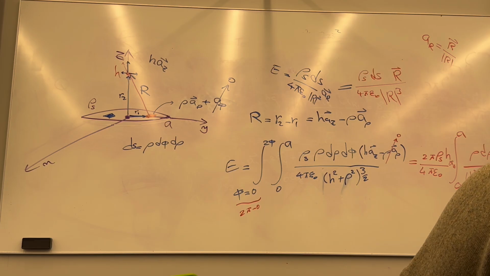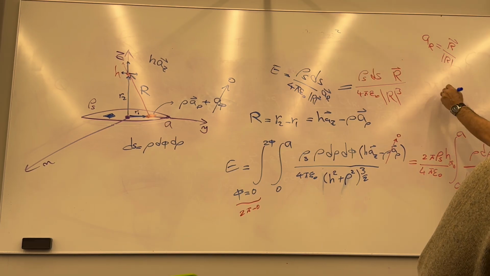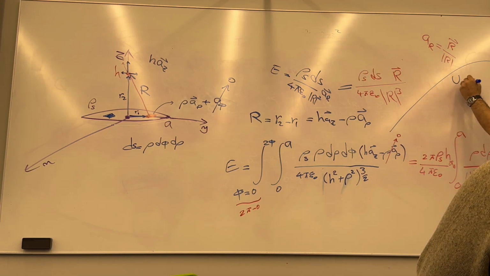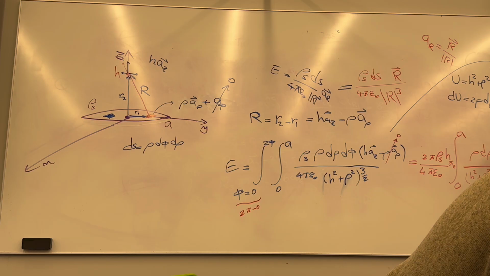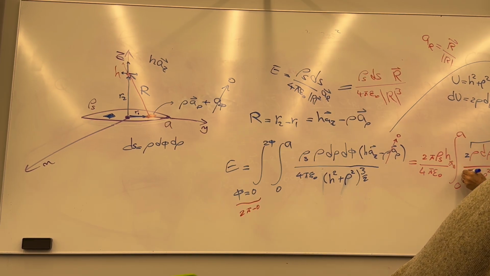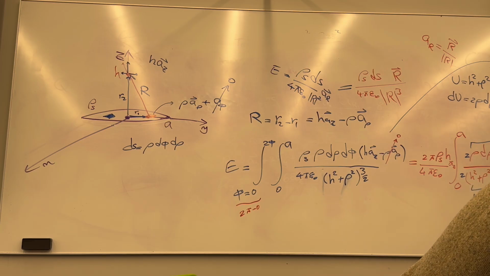So if I consider this is u, then u is going to be h squared plus rho squared, du is going to be 2 rho d rho, which exists here. I multiply with 2 and 2, then this is there.